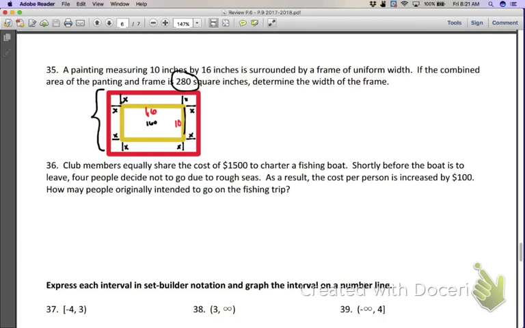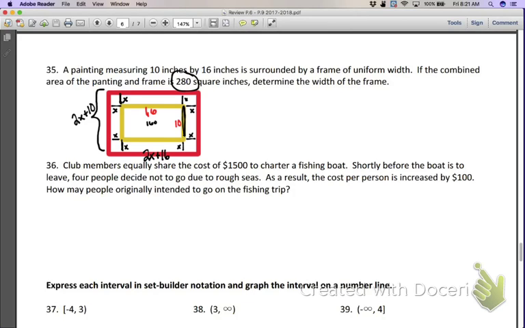If it's 10 here, and then I have an X and an X, it's 10 plus 2x, or 2x plus 10, either way. I'll write it as 2x plus 10 just so I have the variable in front. Same way down here on the bottom, but instead it's going to be 2x plus 16.